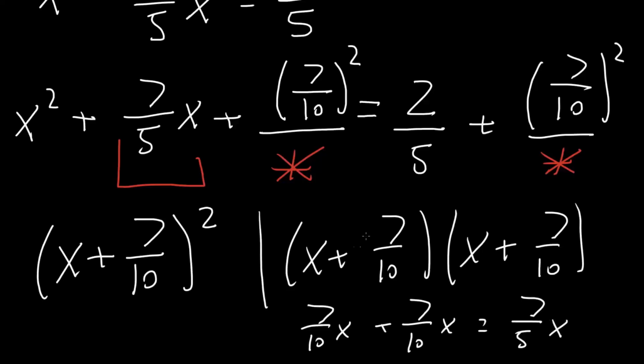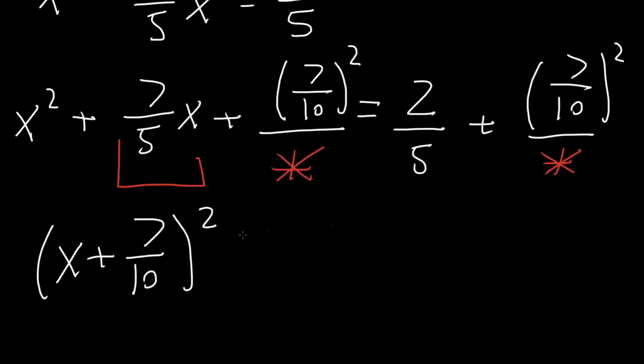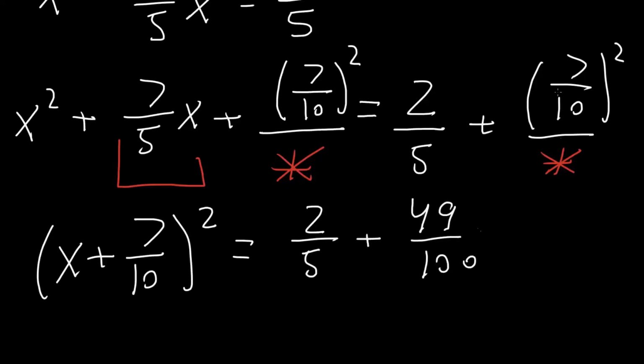And 7/10 times 7/10 is this, x times x is this. And so that's why it works. And this would equal 2/5 plus 7/10 squared, so we'll say 2/5 plus 49 over 100. That's 7/10 squared, so 7 times 7 is 49, 10 times 10 is 100.